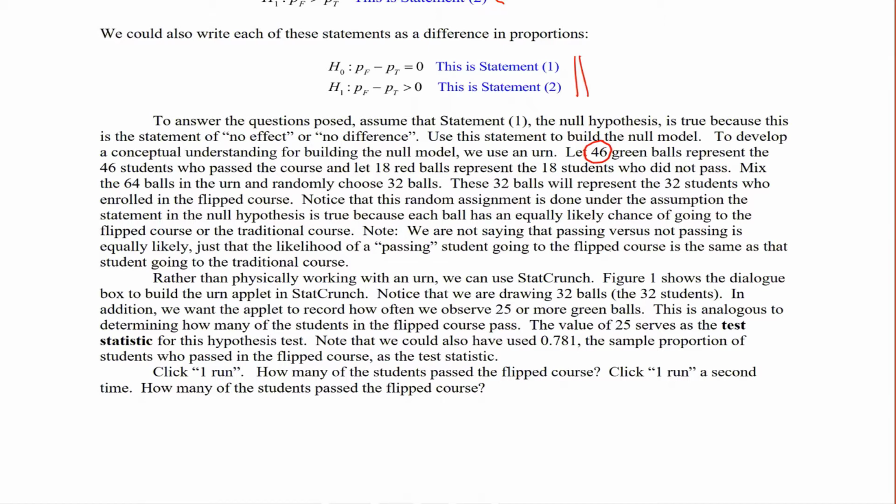What course you enroll in does not matter. You're going to pass either way if you're going to pass, and you're going to fail either way if you're going to fail. And so by randomly selecting 32 balls, we're doing this under the assumption the statement in the null is true, because you have the same chance of being enrolled in the flipped as you do in the traditional.